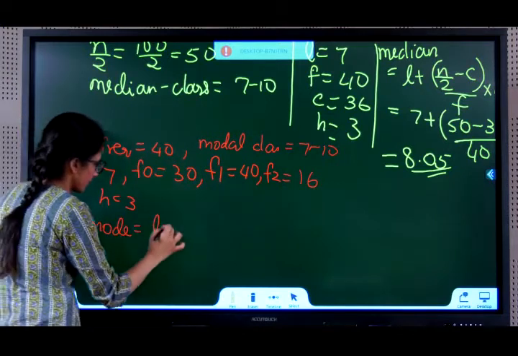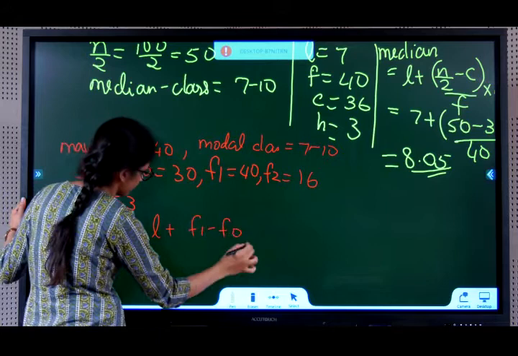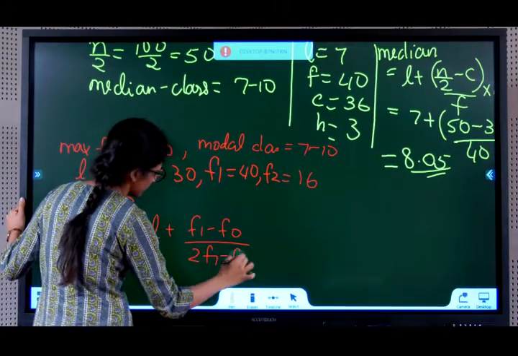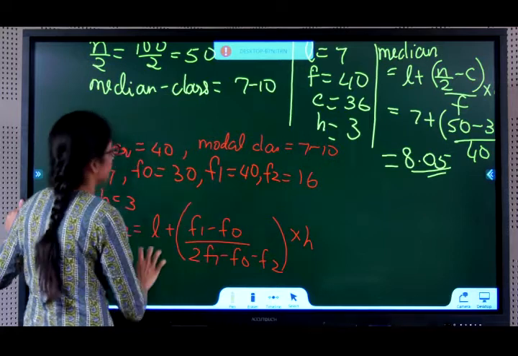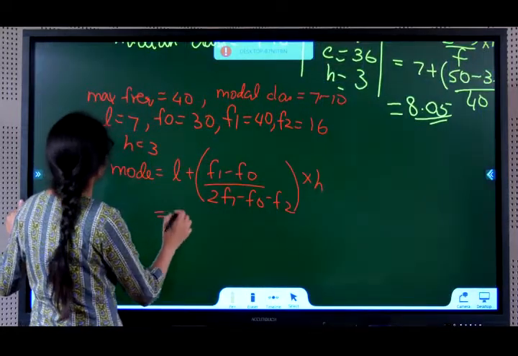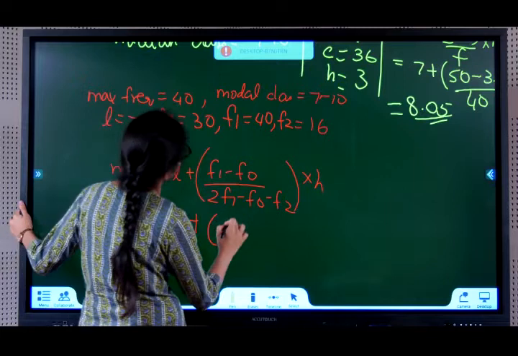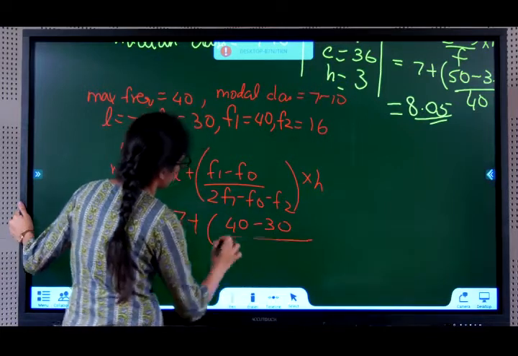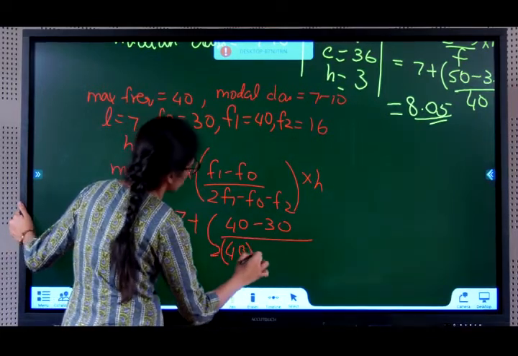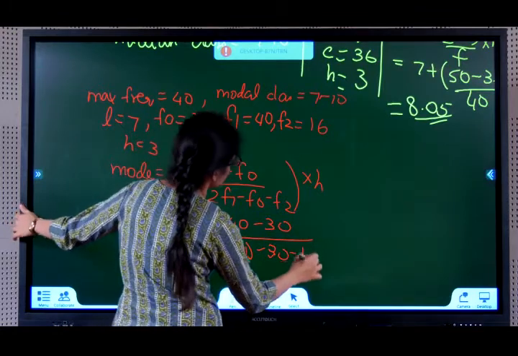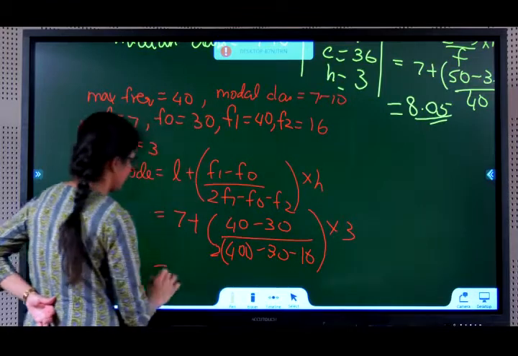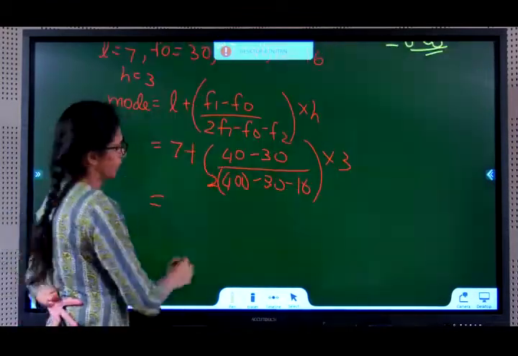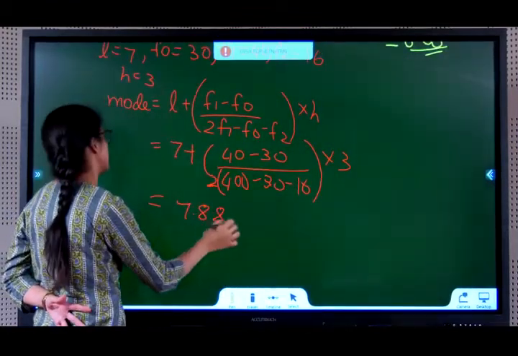Mode formula is given as L plus F1 minus F0 by 2 F1 minus F0 minus F2 into H. Just directly substitute: L 7 plus 40 minus 30 by 2 into 40 minus 30 minus 16 into H. Solve and see what we get. We get 7.88.